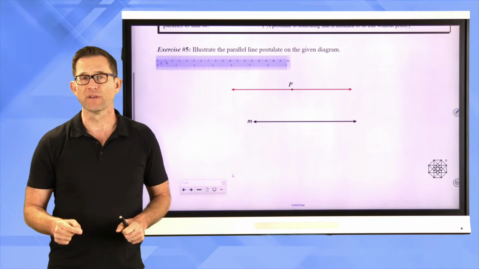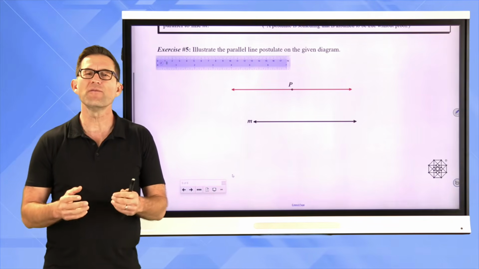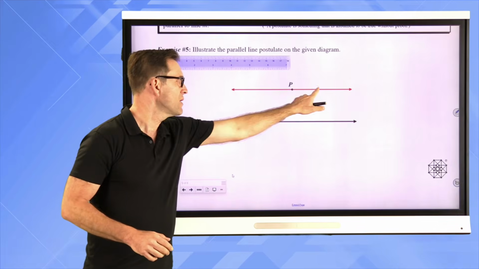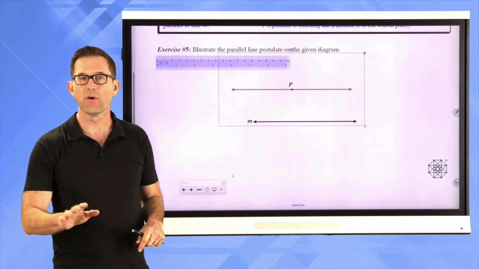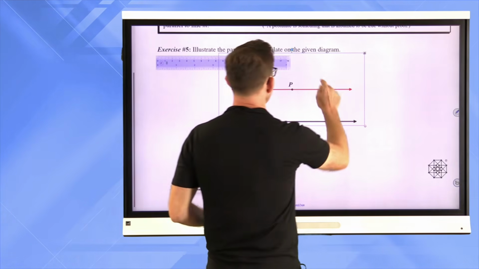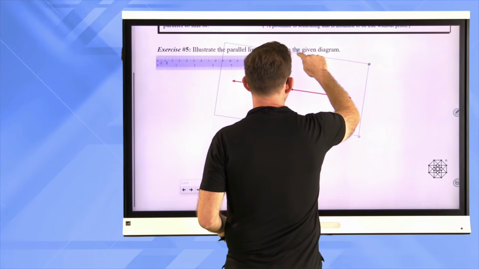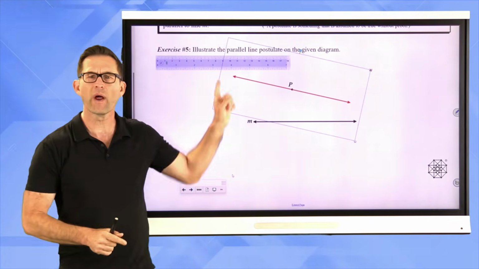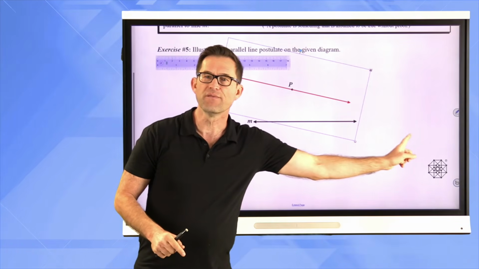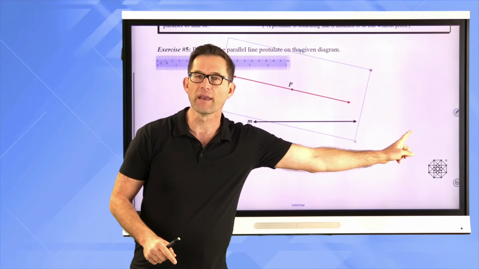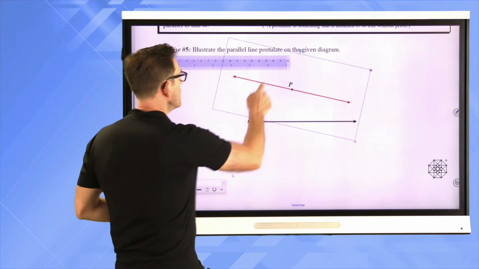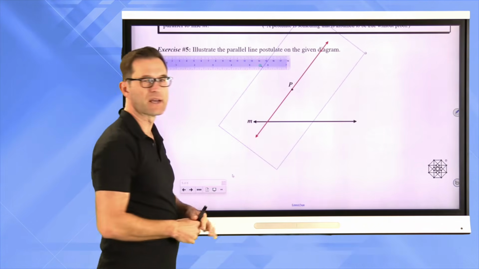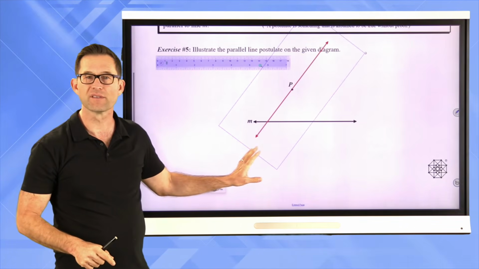Now, this is a postulate. It's something that's assumed to be true, but it feels right, right? Because let's say we took this line, still made it pass through P. If in any way we change that line, just a little bit, then eventually it's going to intersect line M either over here, or it might intersect the line over on this side, right?